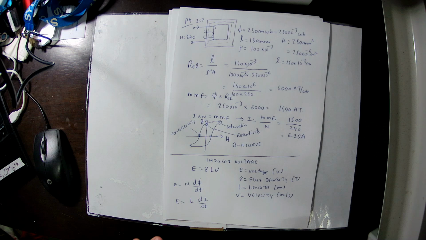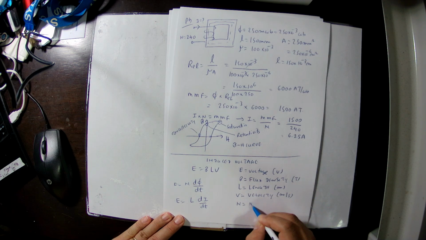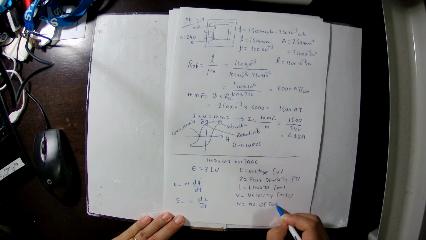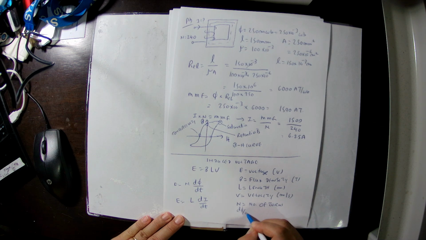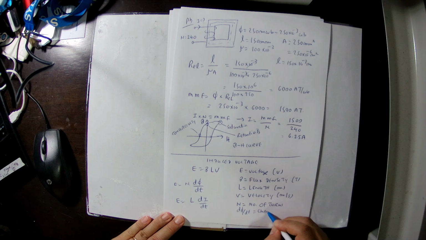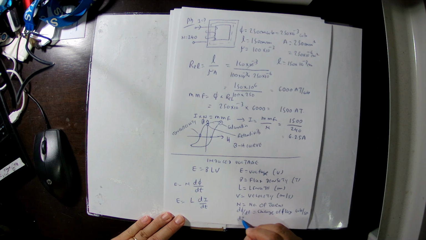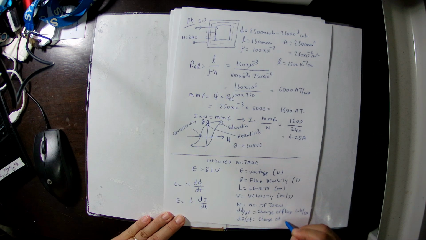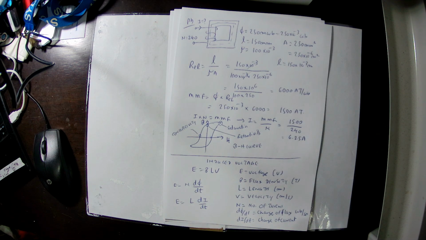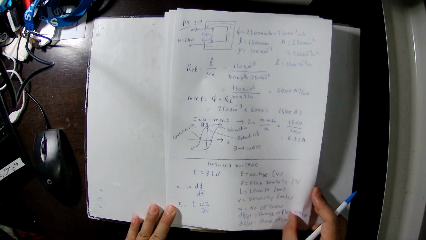N is the number of turns, dΦ by dt is the change of flux in Weber per second, and di by dt is the change of current. So E equal to N dΦ by dt, or E equal to L di by dt, or E equal to BLV. This is the way we can calculate the induced voltage.